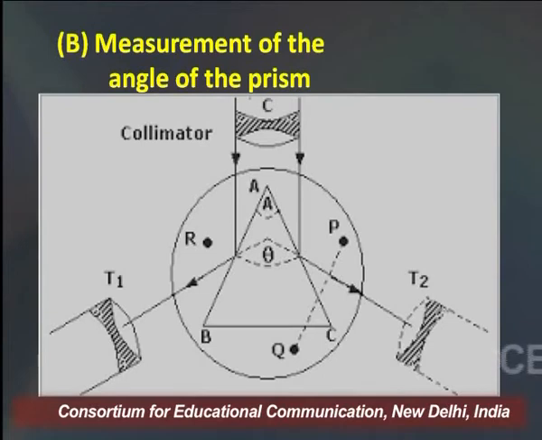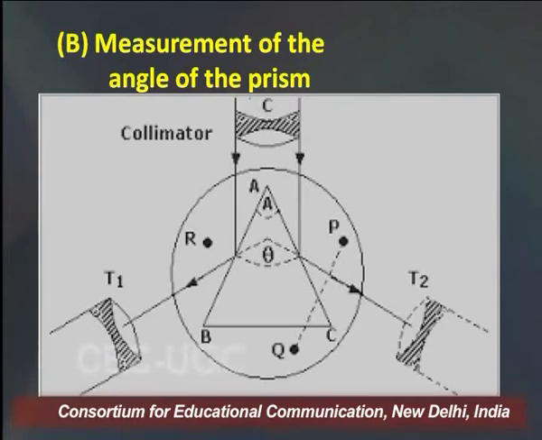On the left hand side we have telescope T1 and on the right hand side telescope T2. We can rotate the telescopes T1 and T2 accordingly to get the output on the left or right hand side. But if it is on the straight line, then we can get the single slit.